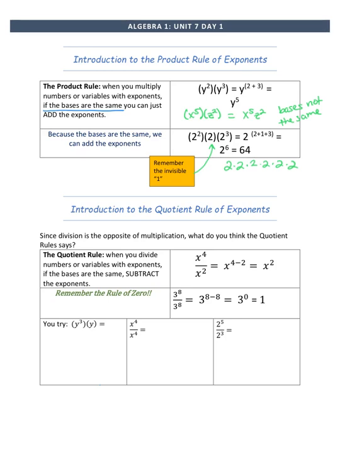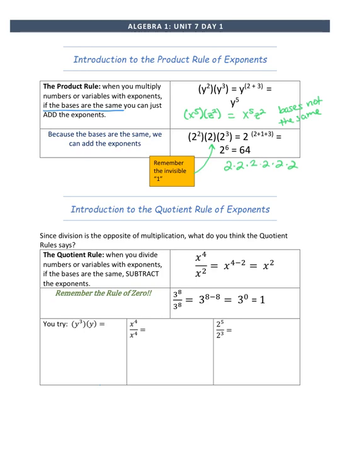the quotient rule. Division is the opposite of multiplication, so the quotient rule says if the bases are the same, you subtract the exponents. In the product rule, the bases are the same, you're multiplying the bases, you add the exponents.